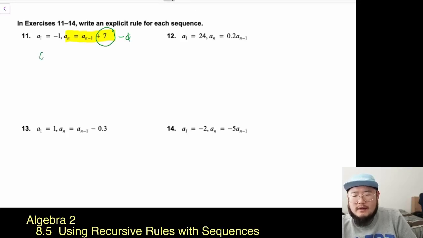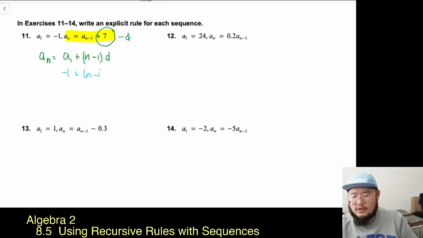A sub n, and remember for arithmetic, it ends up becoming A1 plus n minus 1 times your common difference. We'll plug in A1. They gave it to us: -1 plus n minus 1 times 7.